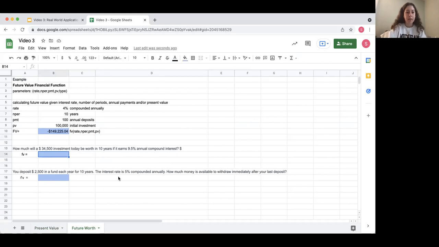Okay, how much will a 34,500 investment today be worth in 10 years if it earns 9.5% annual compound interest? You're given the rate, the period, and the initial investment, so we don't have to worry about the annual deposit payment. So equals future value. The rate is 9.5%.